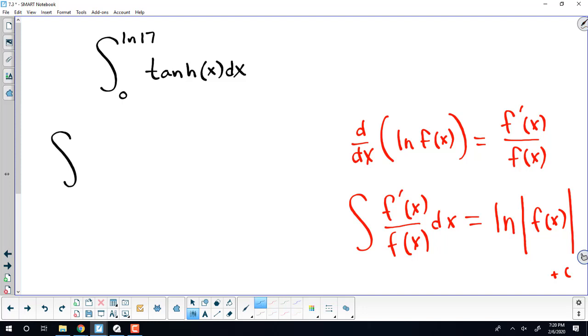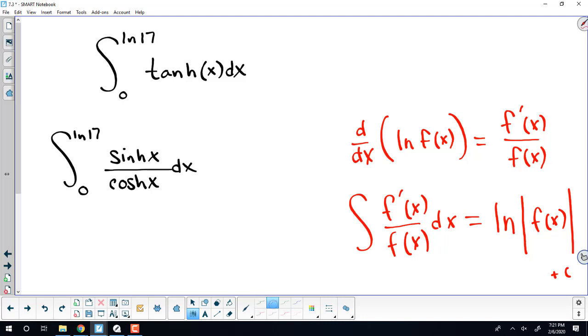So when we rewrite hyperbolic tangent as hyperbolic sine over hyperbolic cosine, then what we're looking at is exactly what we have over here in red, right? You have a function on bottom. The derivative of the hyperbolic cosine is the hyperbolic sine.